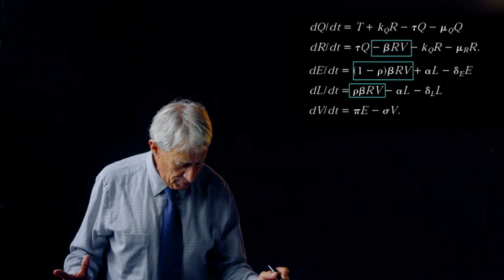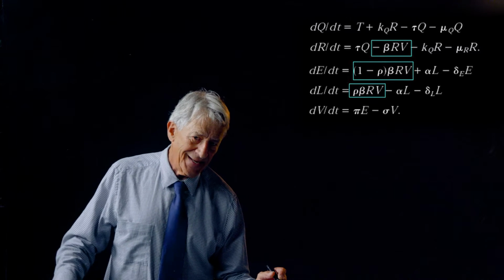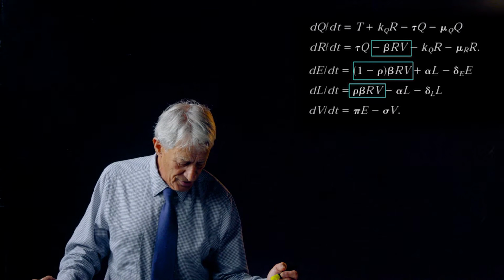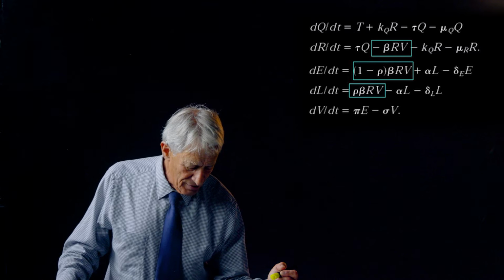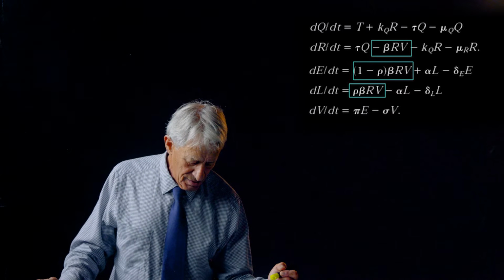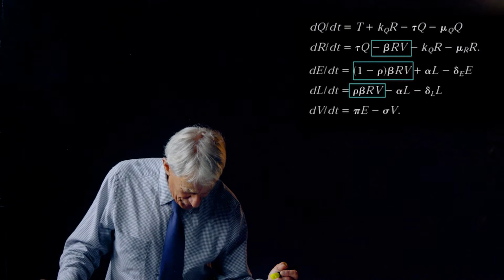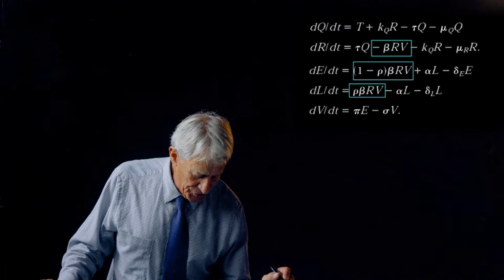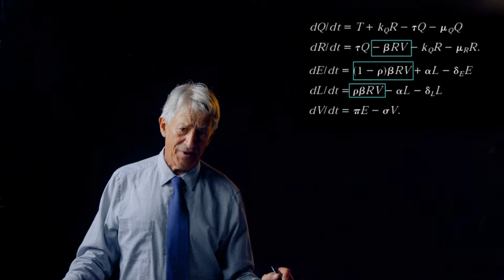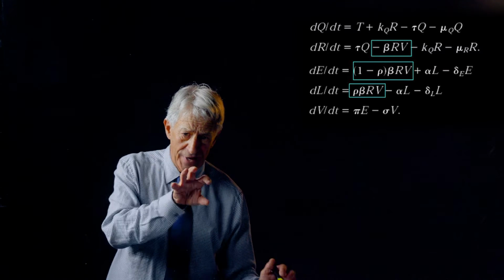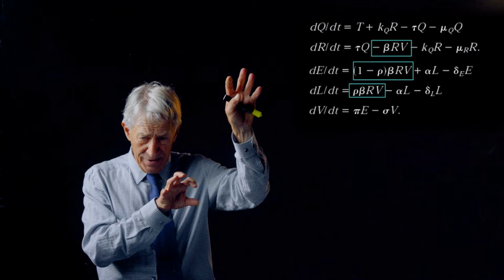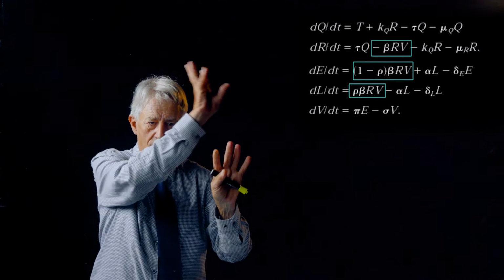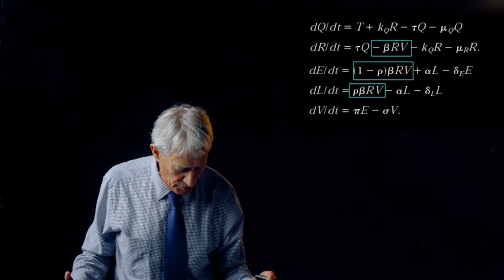Just for example, you see that in the E prime equation, the expressively infected cells, you see a plus alpha L. You also, in the L prime equation, you see a minus alpha L. So the same term appearing negatively and positively is the sign of stuff being subtracted from this compartment and being deposited in that compartment.